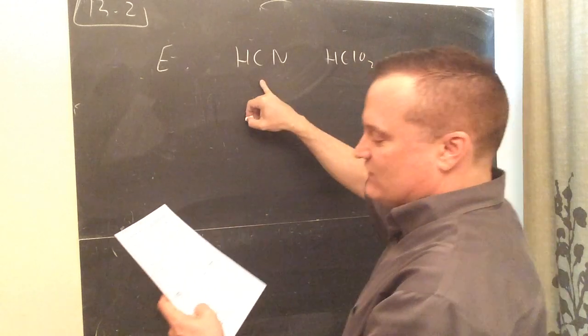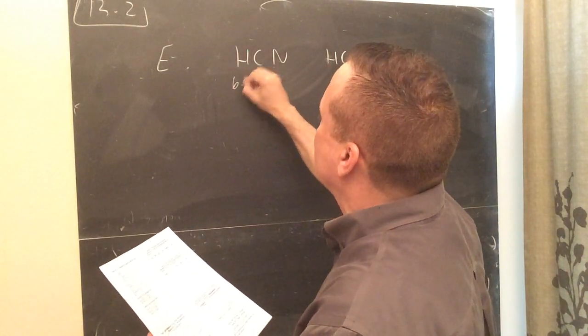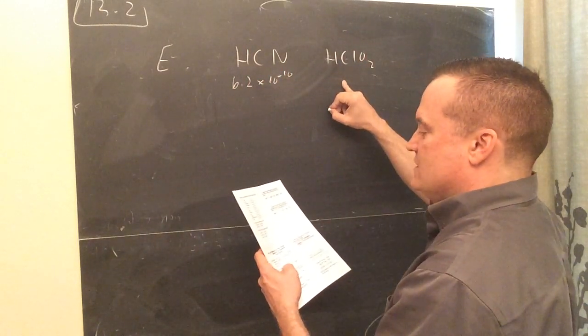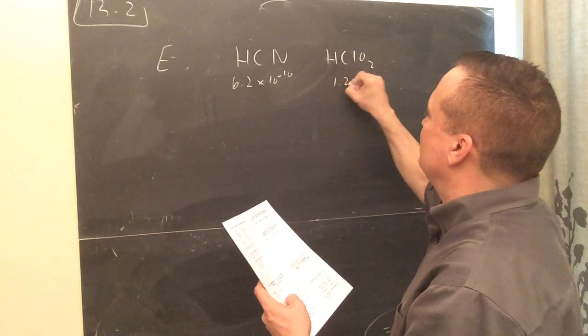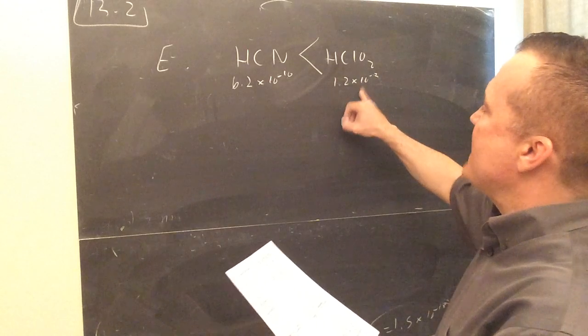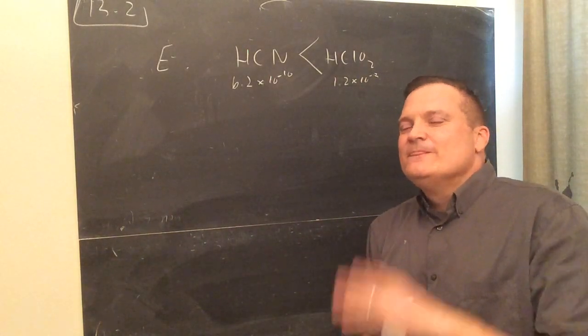Here you just have to look at their values. HCN is 6.2 times 10 to the negative 10. HClO2 is 1.2 times 10 to the negative 2. So the stronger one would be HClO2, because it has a higher Ka value.